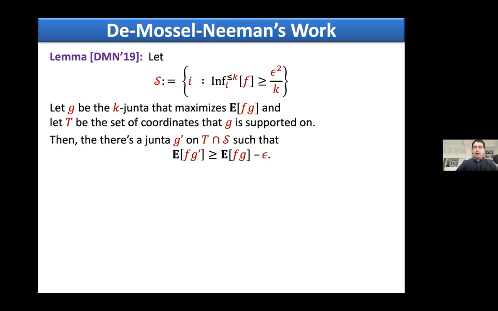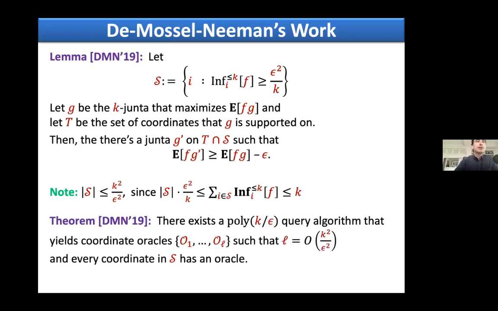So that's good. And moreover, and that's more challenging, what DMN show is that they can grant coordinate oracles to this set S. I want to note a few things. One is that this set is not that big. The size of the set S is at most k squared over epsilon squared.